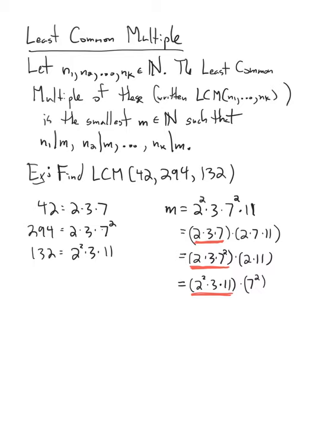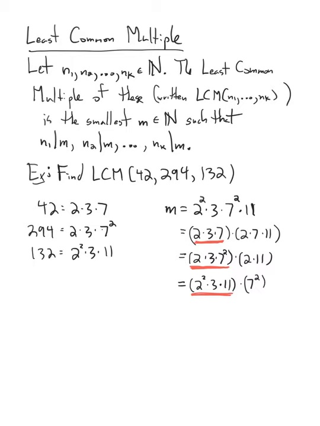So again, I think it's a good idea to pause the video and try and come up with a nice algorithm to determine the least common multiple of a set of numbers. Okay, hopefully you used the greatest common divisor algorithm as a nice blueprint.